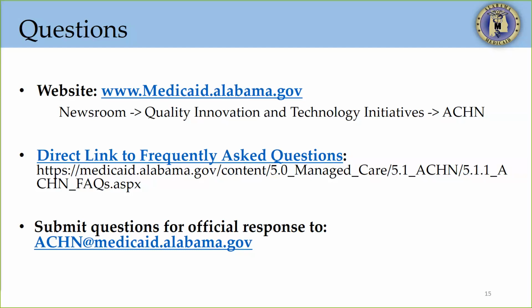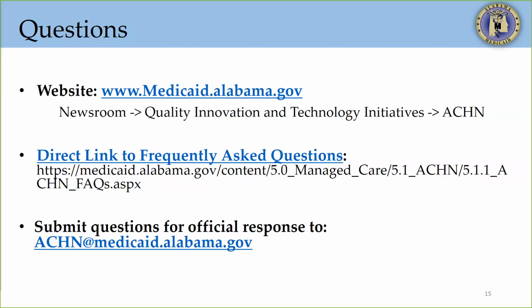That's the prenatal visit in the first 3 months and the postpartum visit in days 21 to 56 of post-delivery. Those are straight payments in DHCPs. As long as you've signed a DHCP agreement and are working with the ACHN, you would be eligible for those. The PCP quality bonus payments are only available to those providers who are a PCP and have signed a participation agreement with the ACHN.